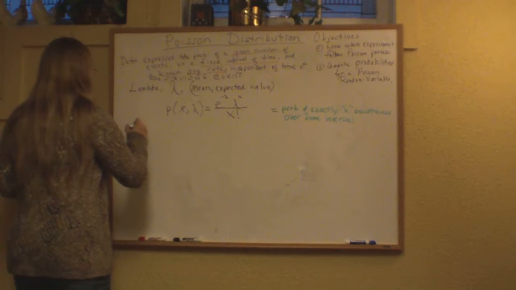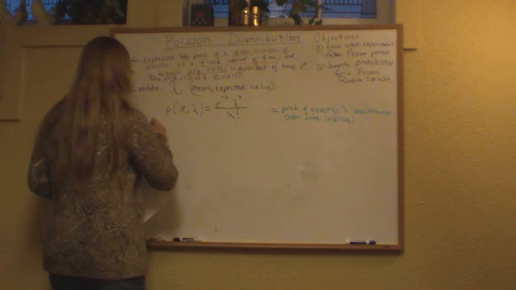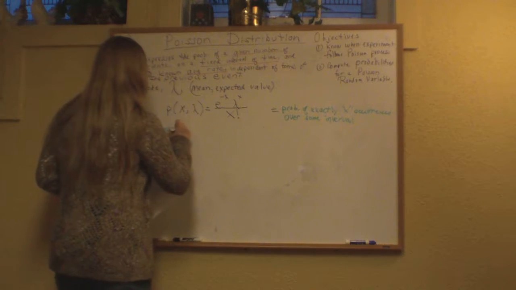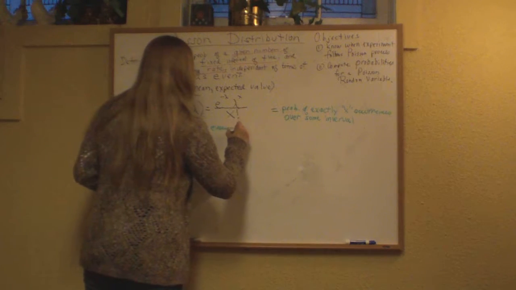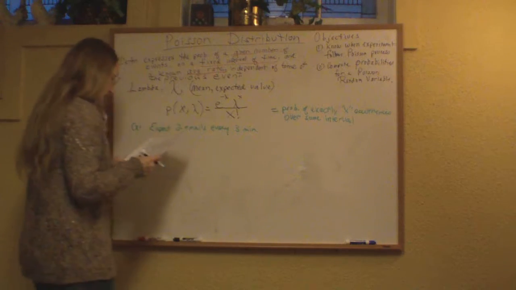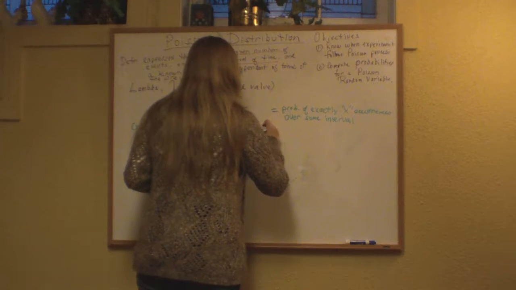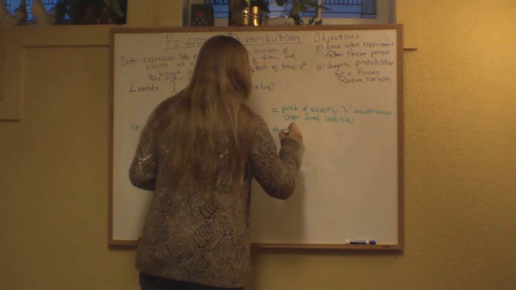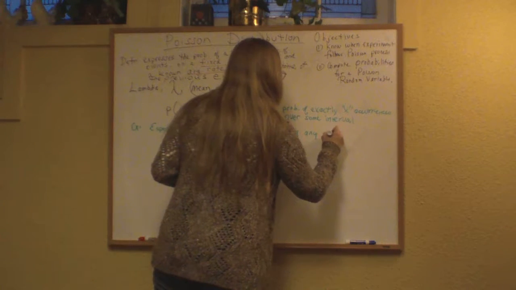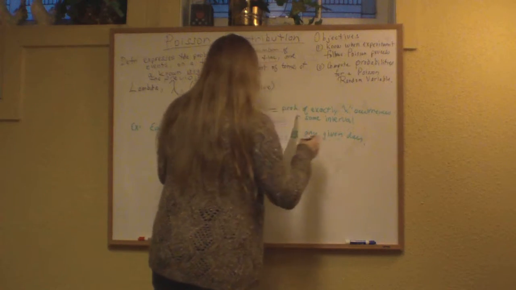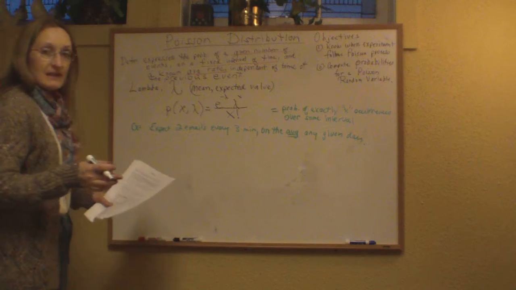Say for example, you expect 2 emails every 3 minutes, on the average, on any given day. On the average is the important part of this problem. So we want to know, what's the probability that you'll get 4 or fewer emails in a 9-minute interval?